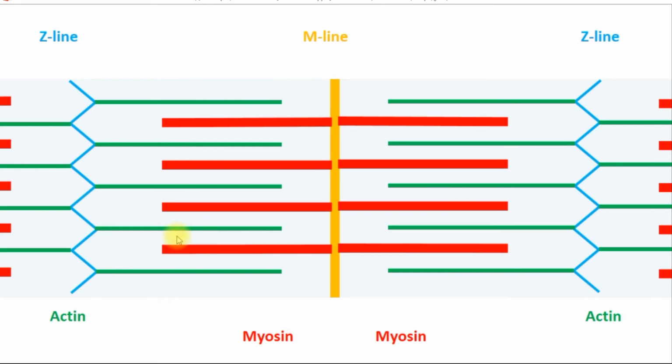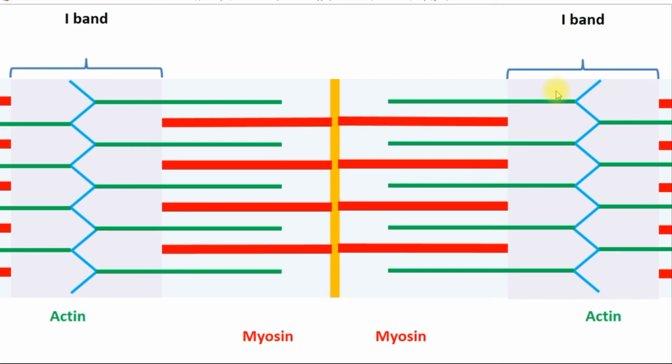And we can distinguish some discs in the sarcomeres. Here we have light discs where only actin filaments are present. We call those discs or bands I-bands, or isotropic bands. They are light under the microscope because only thin filaments are present here.